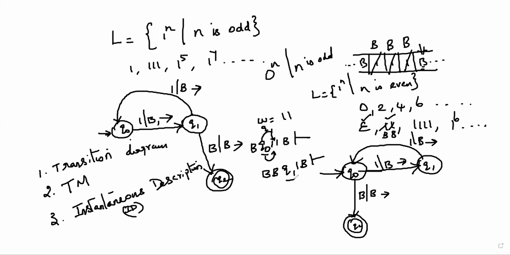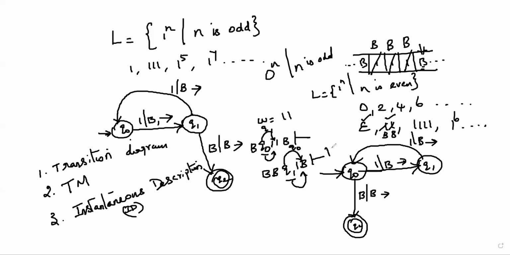Here also you have to check Q1, comma, 1. You have Q1, comma, 1, right? So what is the direction? Right. So this head pointer moves one symbol ahead. What is the changed state? Q1, comma, 1 gives Q0, so in that place you fill Q0, and change this 1 to a blank symbol.